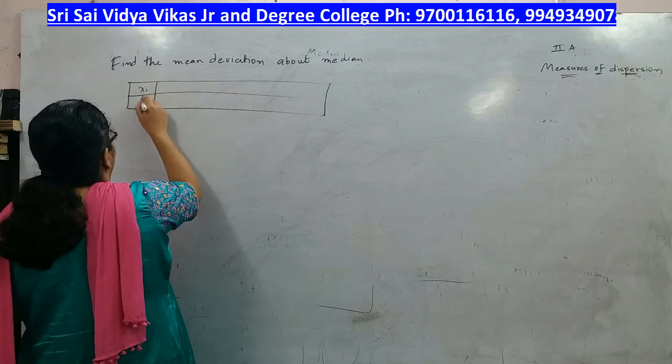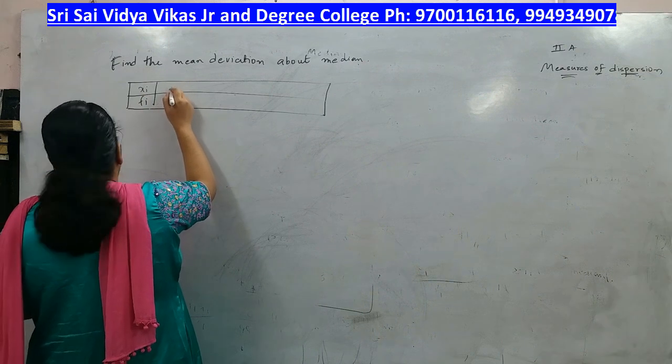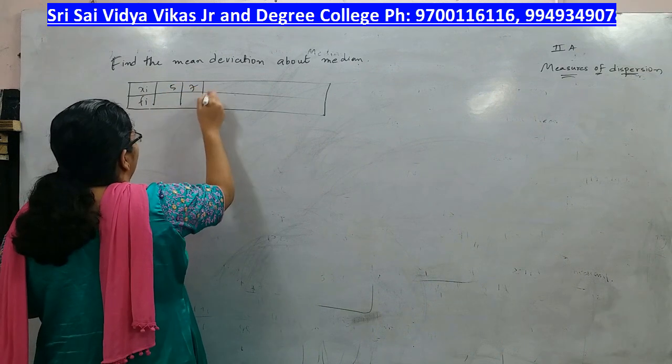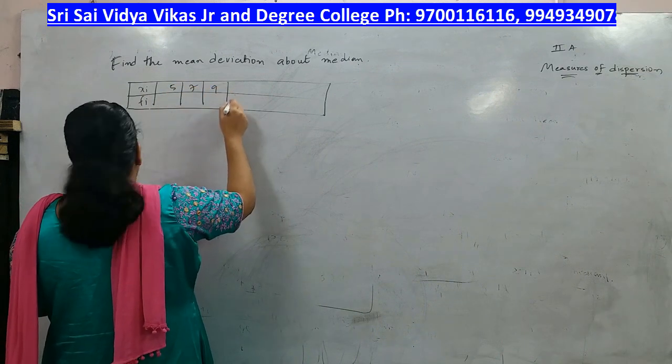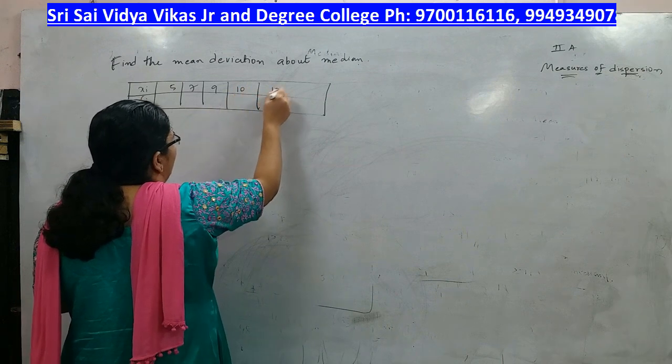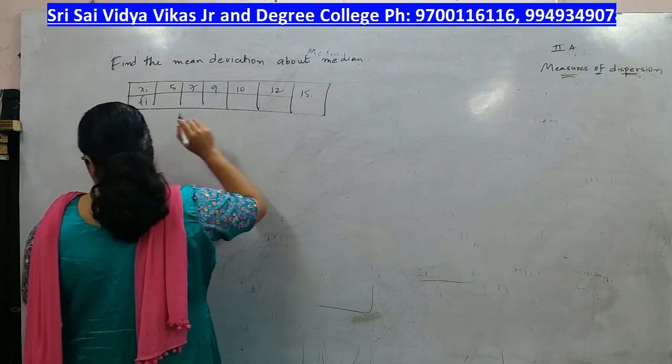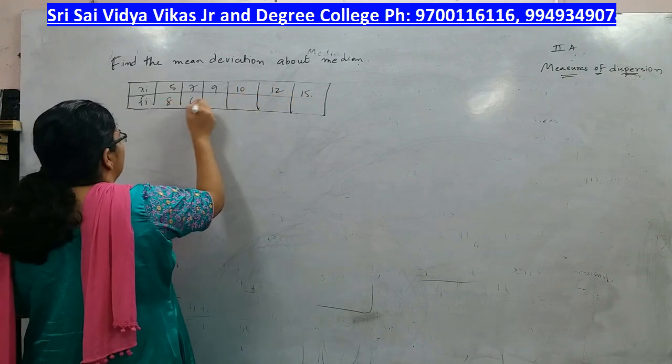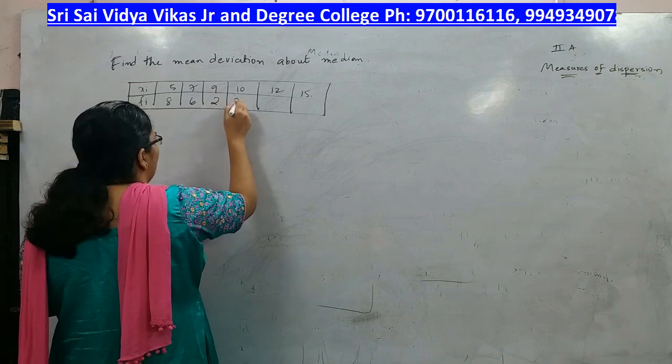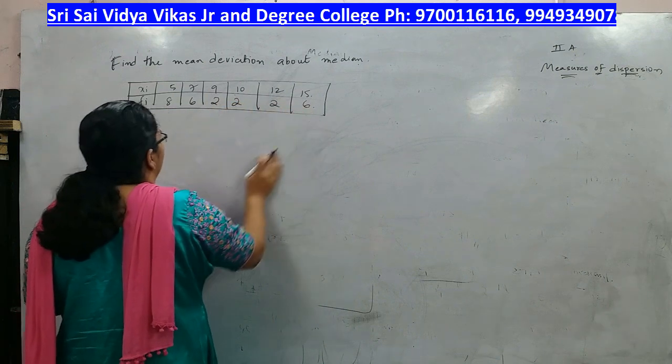Xi, Fi. Xi values are 5, 7, 9, 10, 12, 15. Fi values are 8, 6, 2, 2, 2, 6.